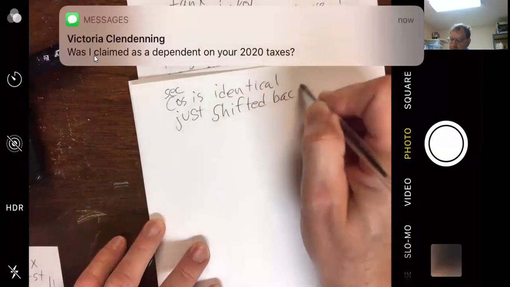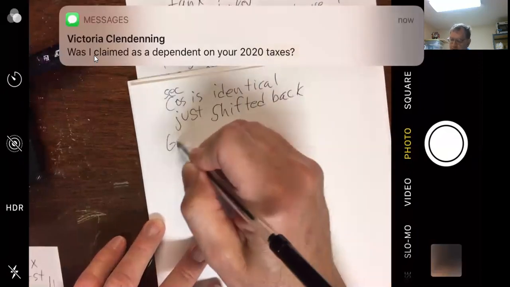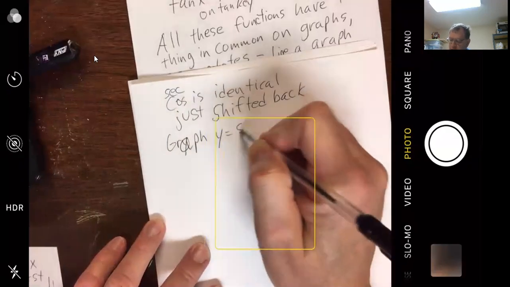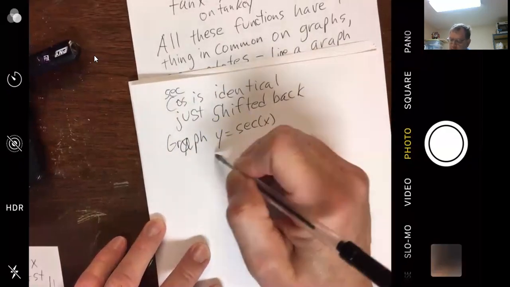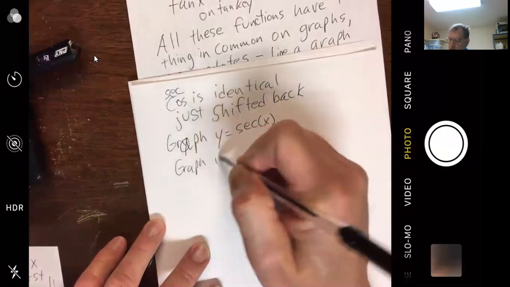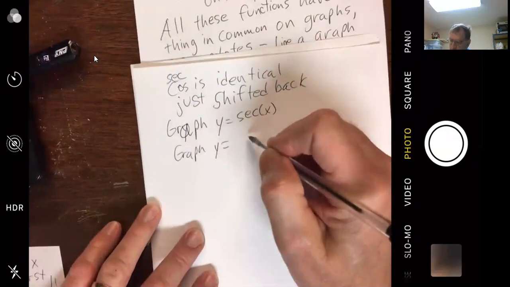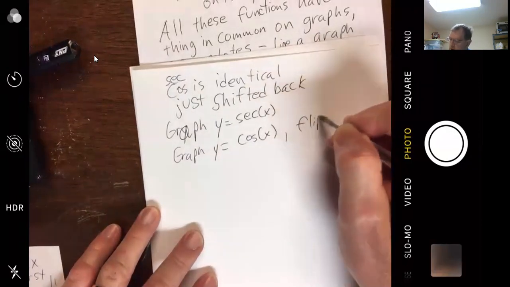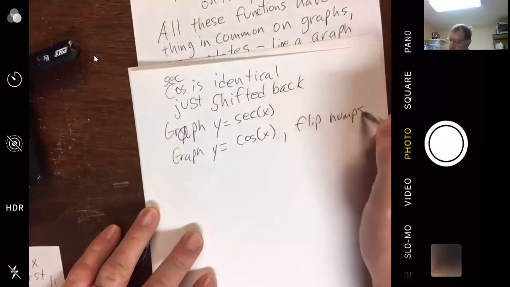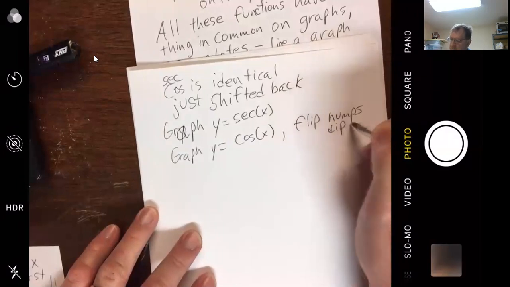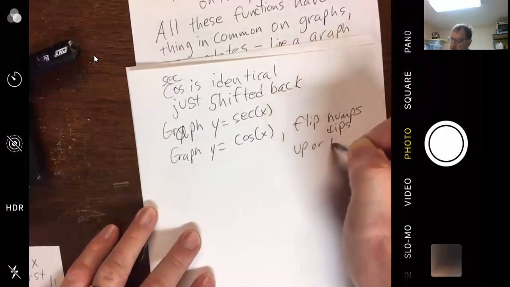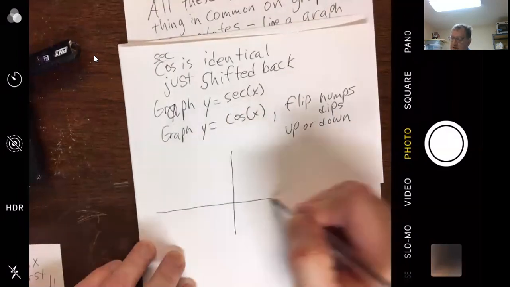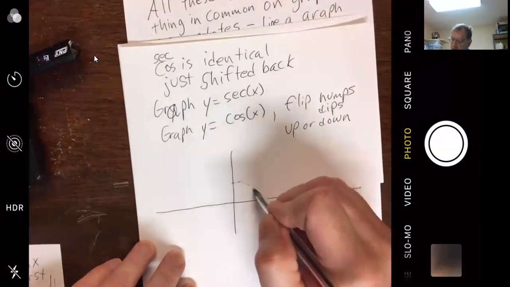So if I want to graph secant of x, graph y equals cosine, and flip the humps and dips up or down. I'm trying to use very technical language here. So I'll dash the cosine. Remember, cosine started in the middle.